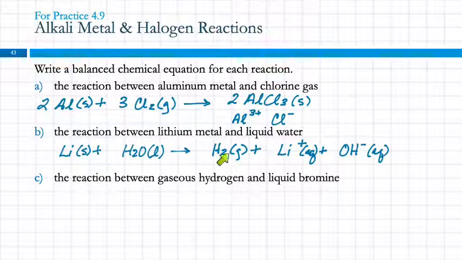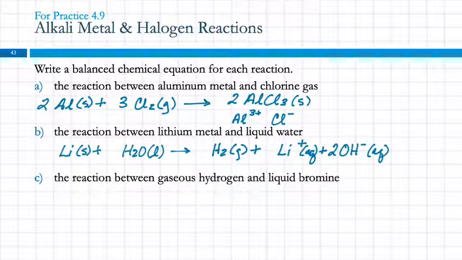So one lithium, one oxygen, 2 hydrogens plus 1, 3 hydrogens, dang, and 2. This is an odd-even issue again. Well, if I made 2 of these, now I have 2 plus 2 is 4.